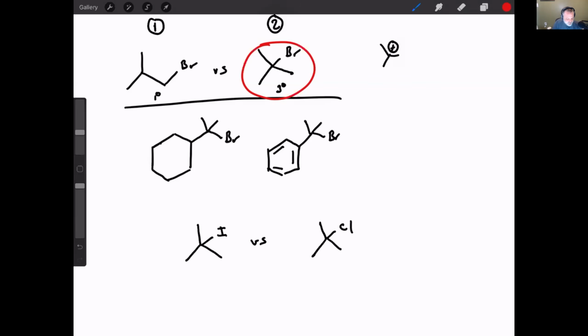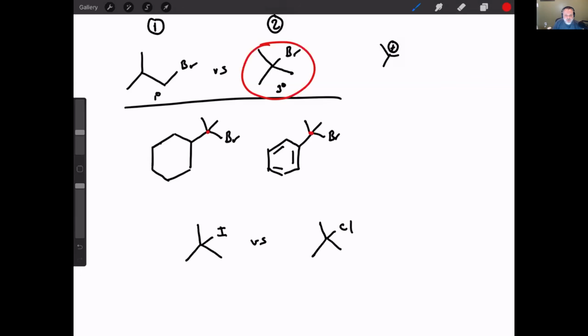What about in this next example? Which one is going to be faster, 1 or 2? Again, we're not looking at the solvent because that's not specified, and the identity of the leaving group is the same. It looks like they're both in tertiary positions, right?